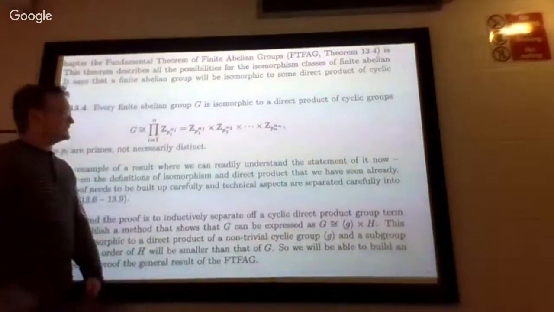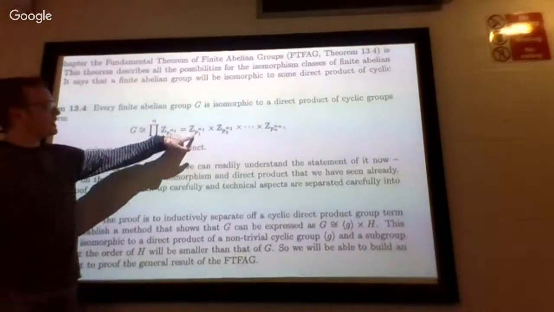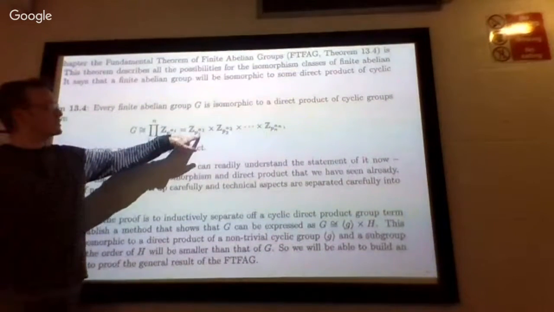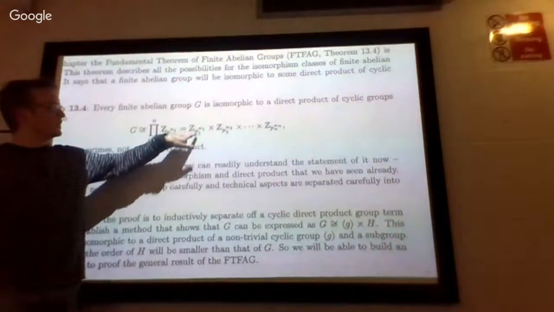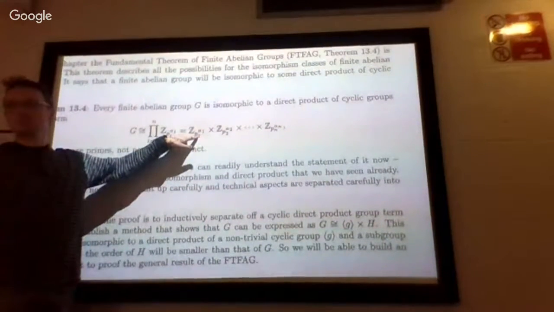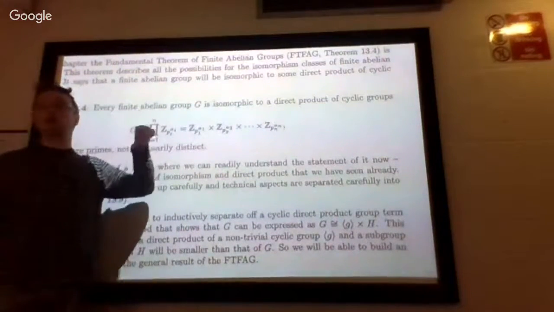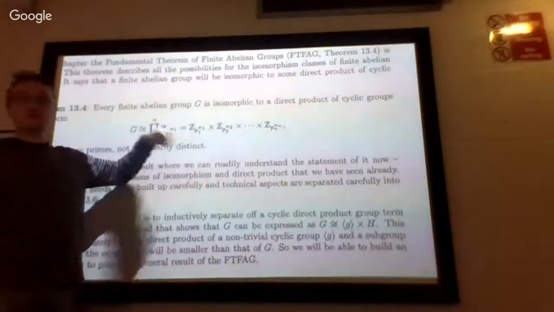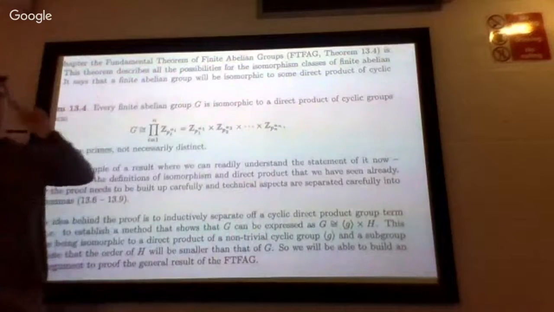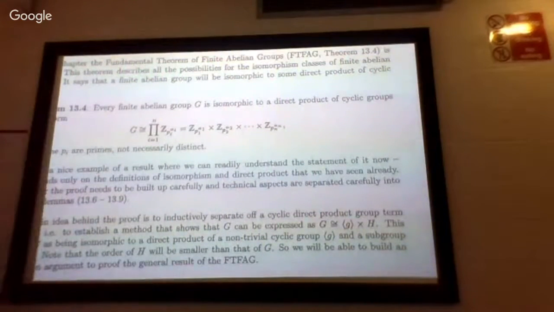So the cyclic groups that feature in the direct product are not of any old orders, but they're all of order some power of a certain prime number. So they're not just any old orders, but prime power orders. A prime power is a number that's a power of a single prime.